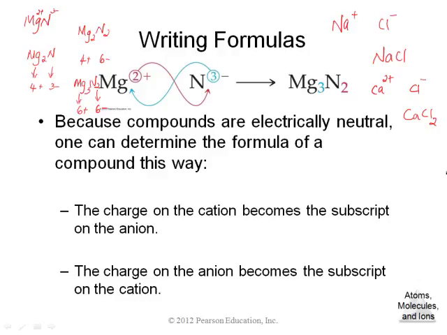Right? So say for example, we want to write calcium oxide. So calcium is 2 plus, oxide is 2 minus. If you switch their places, what you are getting is Ca2O2. Right? When we get something like this, we will further reduce it to its lowest terms. So we will write the formula as CaO.